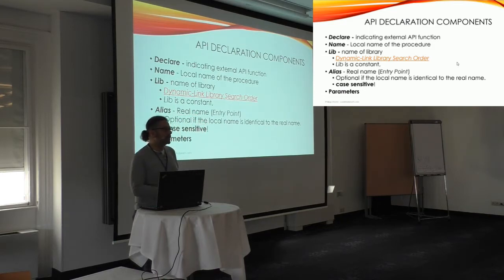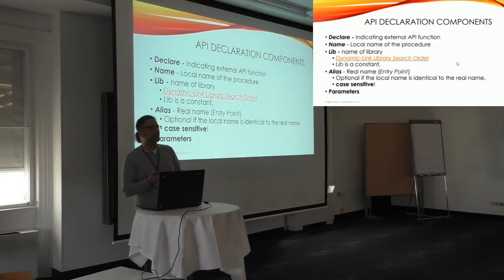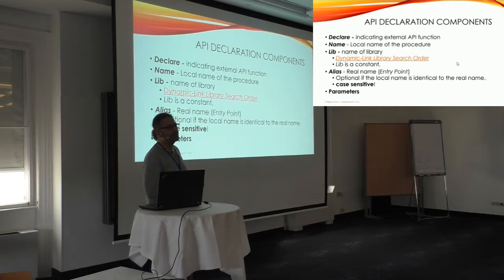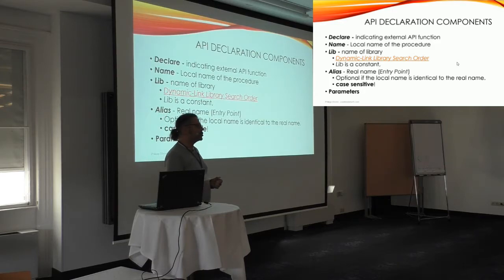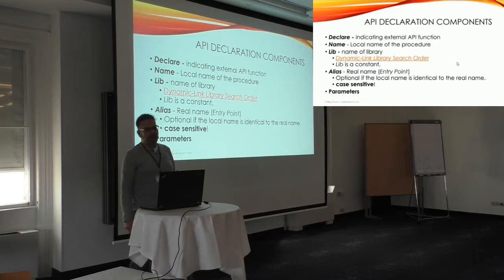It looks in a number of places like the application directory, the system directory, and the Windows directory, and a couple of others that depend on how your computer is configured. And that is quite convenient if we are actually using Windows DLLs, because they will most likely be either in the Windows or in the System32 folder. So they are automatically found even if we just use the name for them and not the full path.